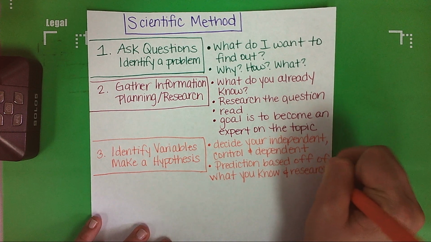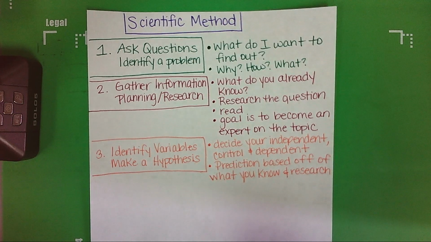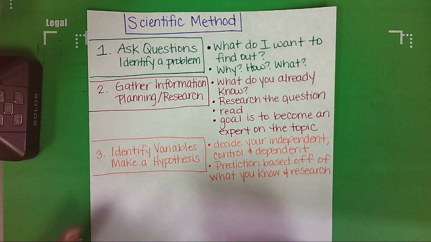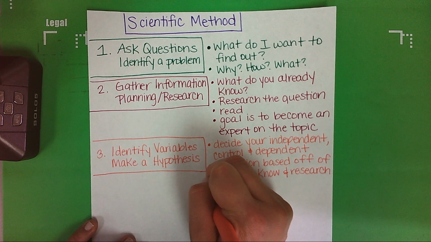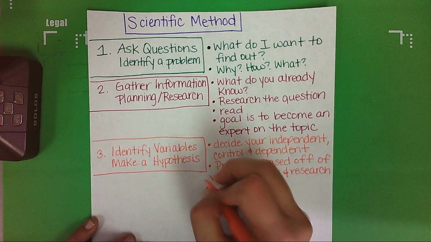Okay? So you're going to make your prediction. But what you don't want to do is you don't just want to say, I think that this is going to happen. I think the experiment is going to be this. All right? There's a certain format. You want to set it up. That's why you figure out your variables first. Okay?